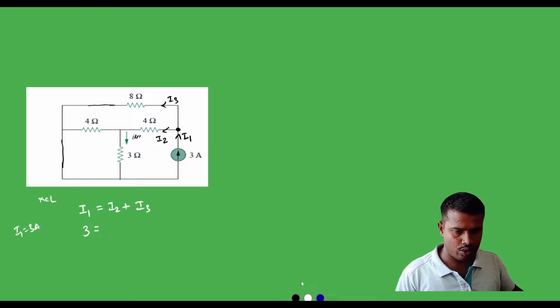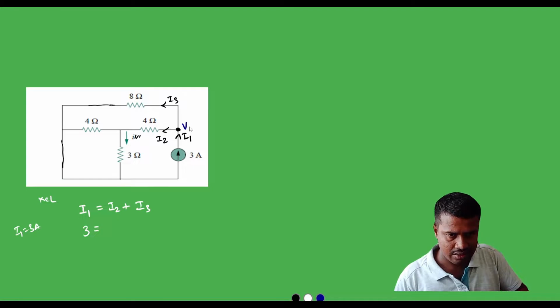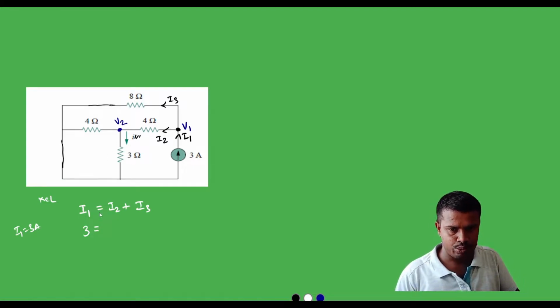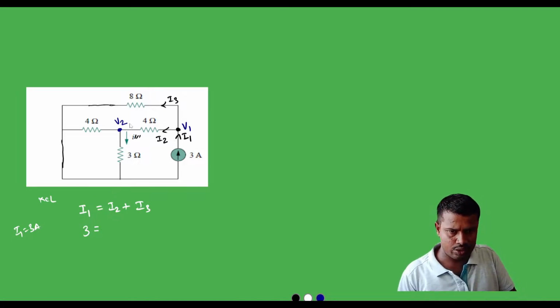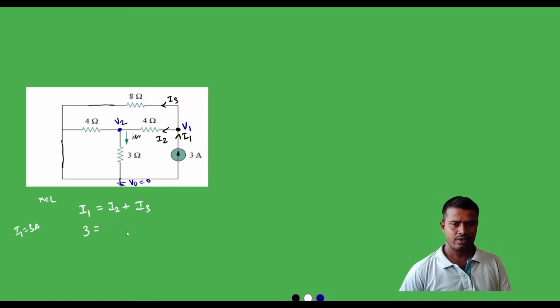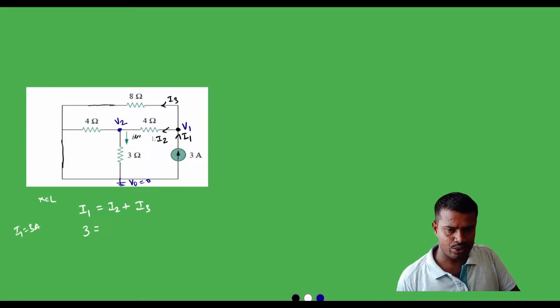When marking the nodes, let us say this is V1, this is V2. These two nodes are non-reference nodes, and the reference node is V0, which is equal to 0. Fine. The current I2 flows through the 4 ohm resistor, and the potential difference is V1 minus V2.